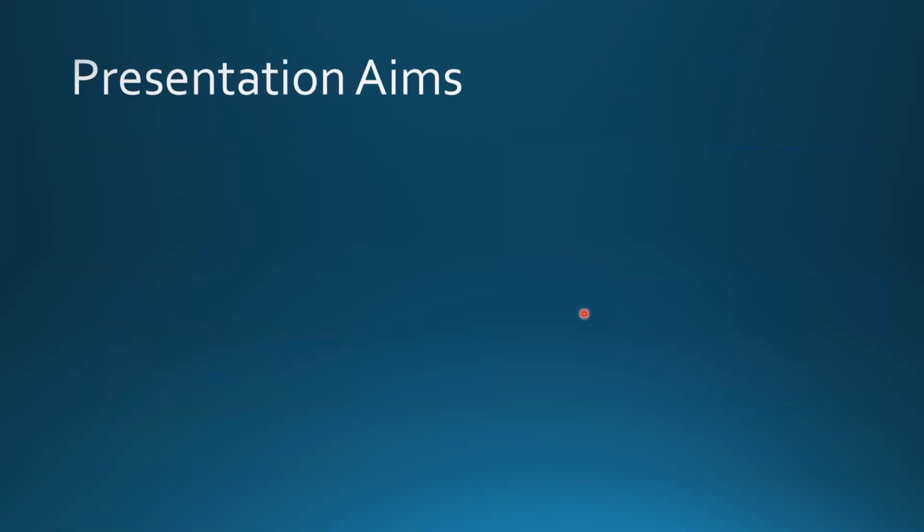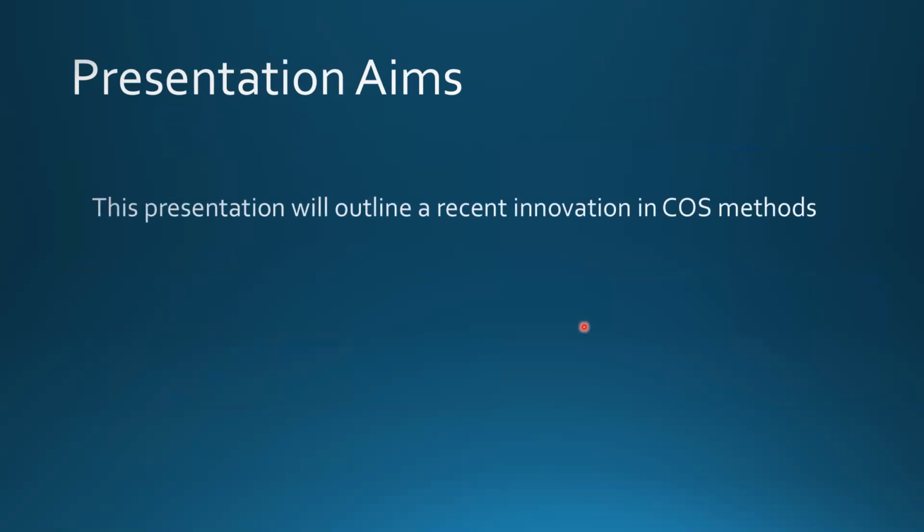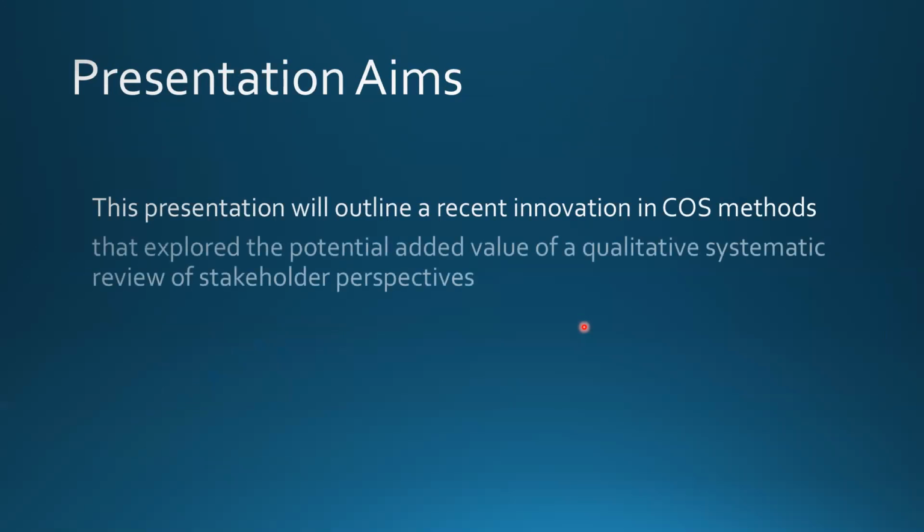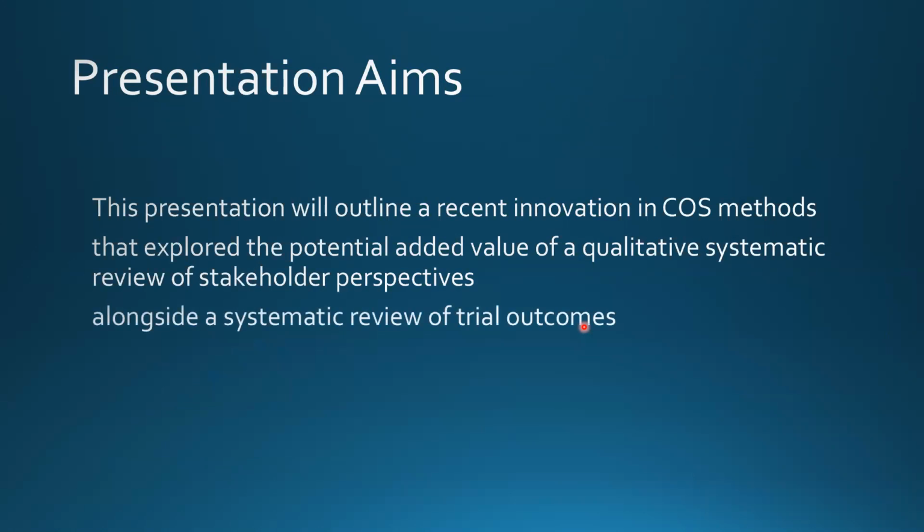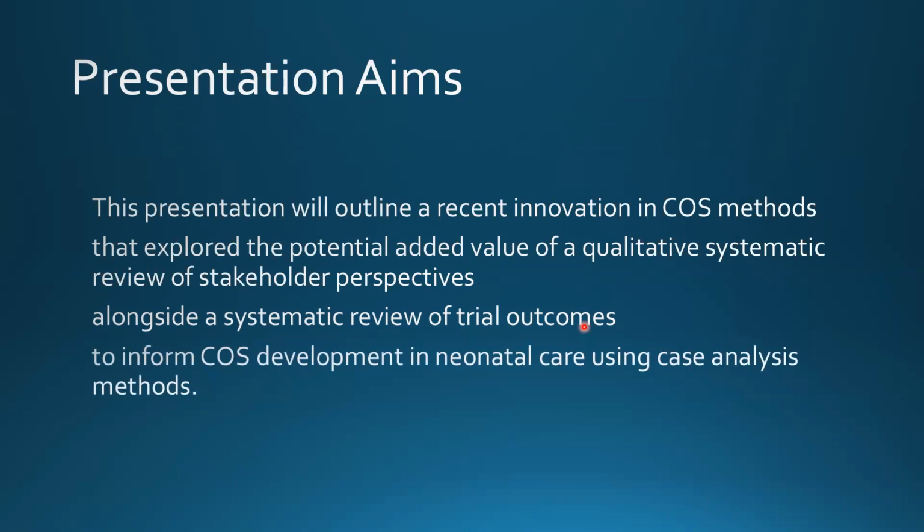Okay, so this presentation, what we're aiming to do is to outline a recent innovation in core outcome set methods that explored the potential added value of using a qualitative systematic review of stakeholder perspectives alongside a systematic review of trial outcomes to inform core outcome set development in neonatal care using case analysis methods.